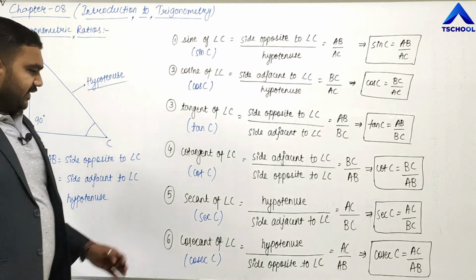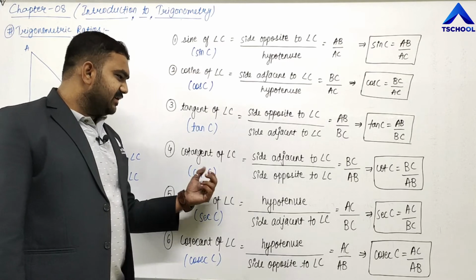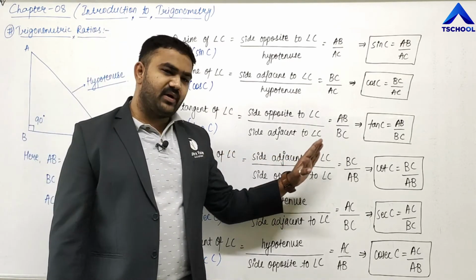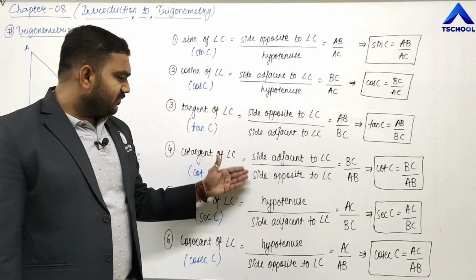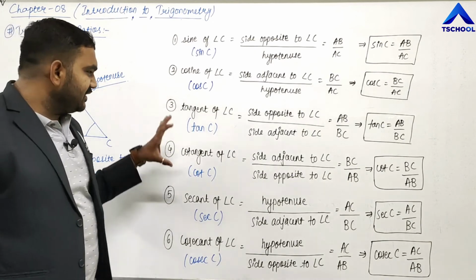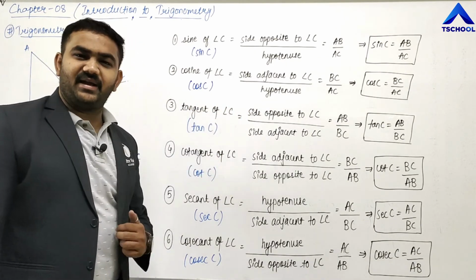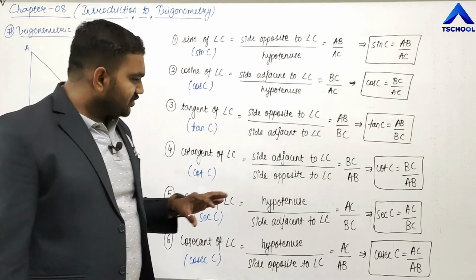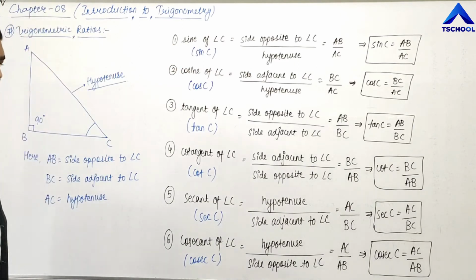The fourth ratio, friends, cotangent of angle C, that is cot C, is side adjacent to angle C upon side opposite to angle C. So friends, from these two, the tangent of angle C and cotangent of angle C are relatable. That means tangent and cotangent are exactly inverse of each other. So cot C can now be written as BC upon AB.